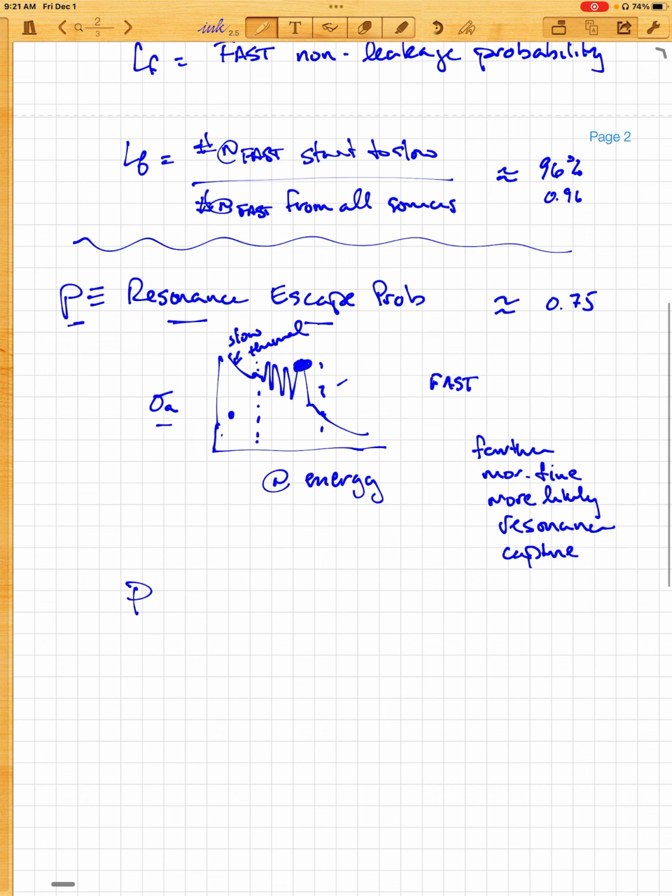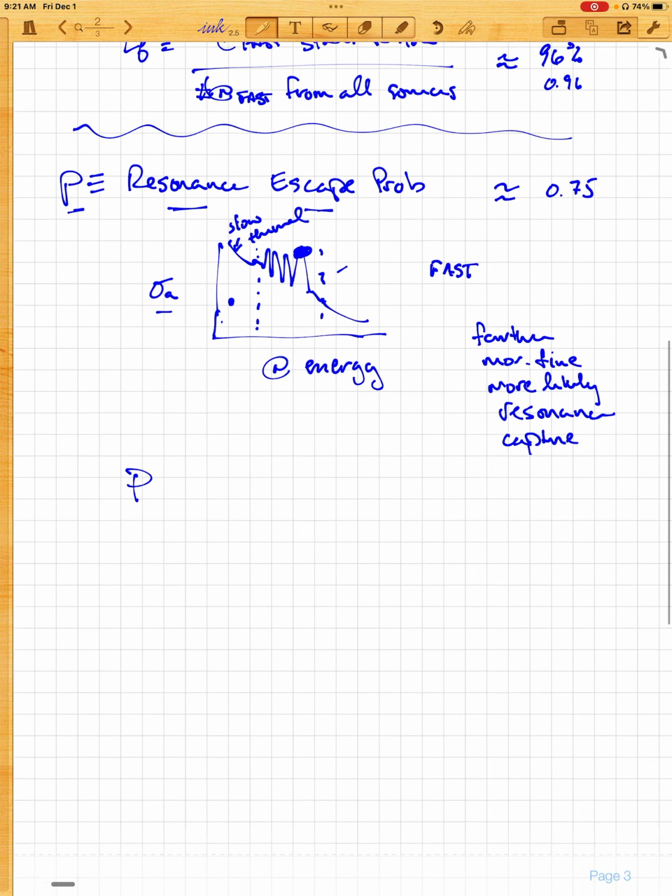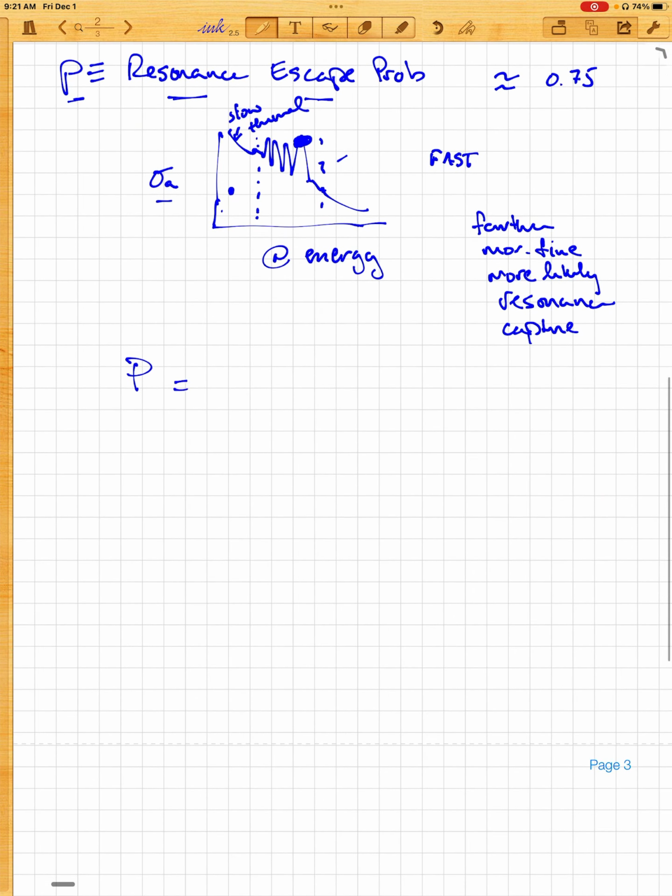And P, the resonance escape probability, is going to have a formula, right?